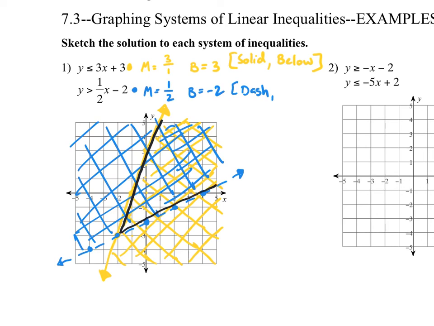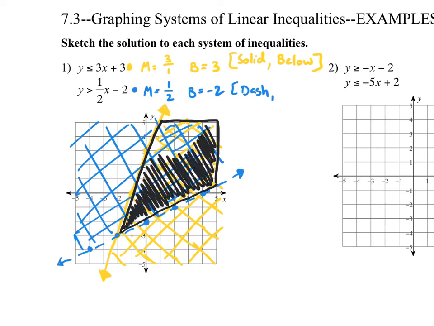That means everything in here is my answer. And I'm going to color it all, or shade it all, so that I can truly tell. So as you can see here, this area that is getting the darker shade is my solution.